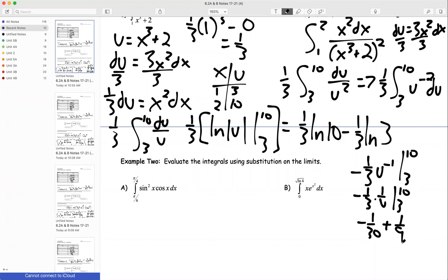There's a smaller one. 90, how about that? So that's going to give me negative 3 over 90 plus 10 over 90, which is 7 over 90.